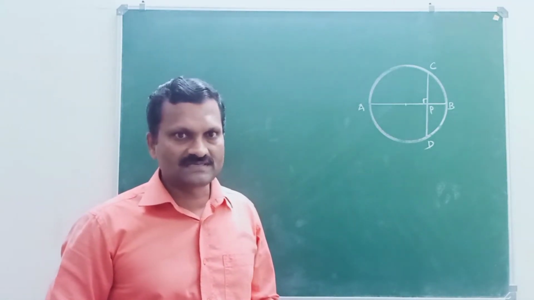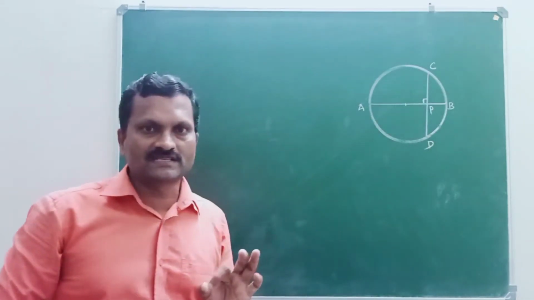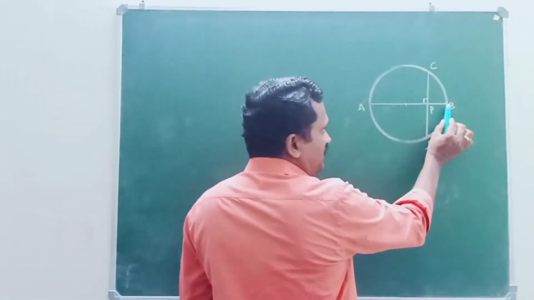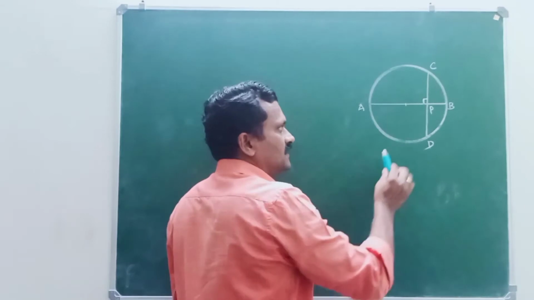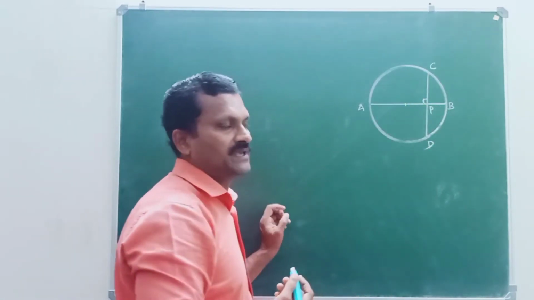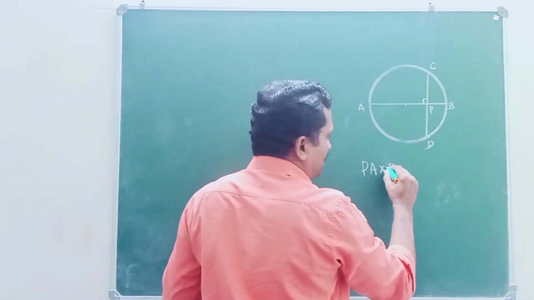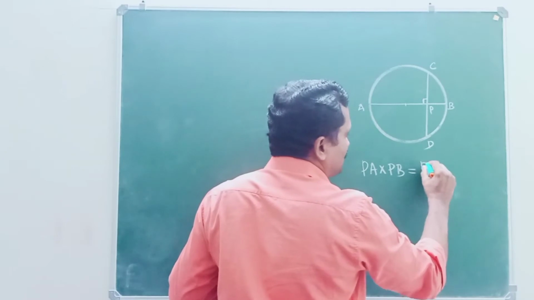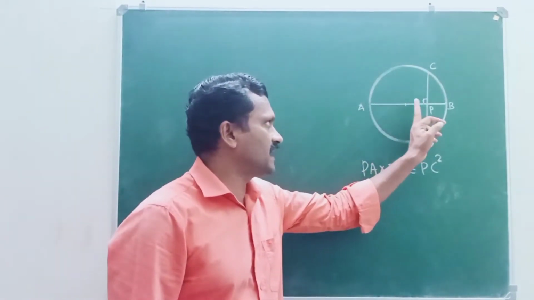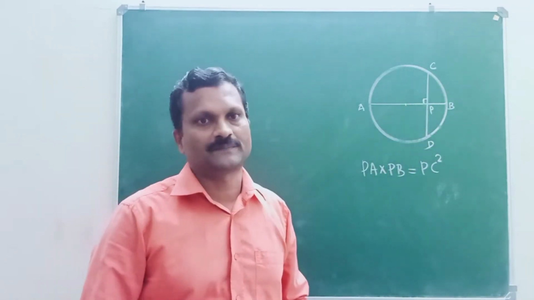One of the special cases of intersecting chords: among two chords, one is the diameter and the other chord is perpendicular to the diameter, as in the figure. AB is the diameter of the circle and CD is perpendicular to the diameter AB. Then PA into PB equals PC square.